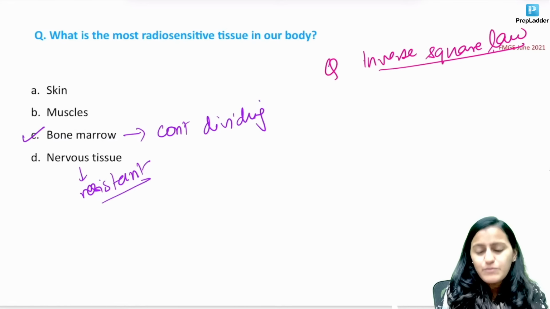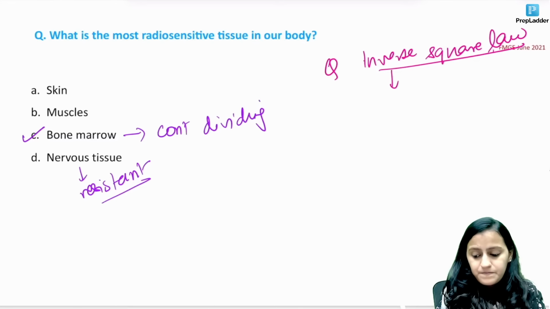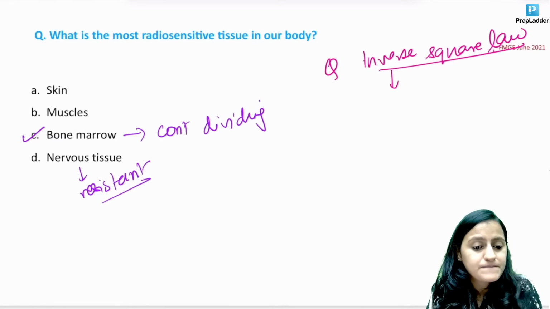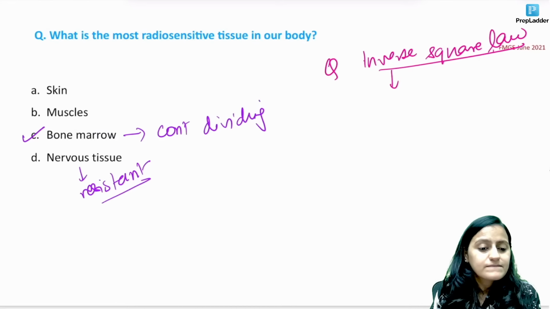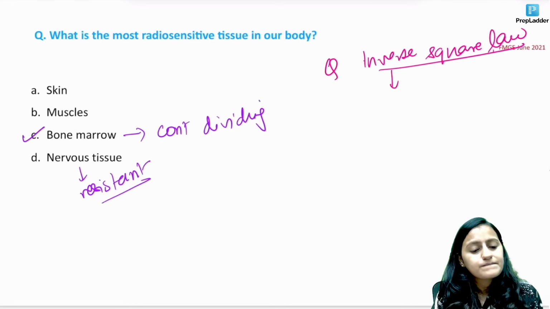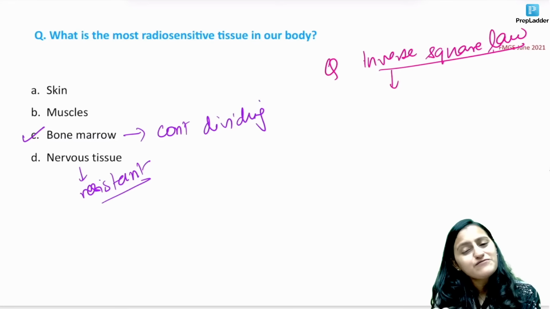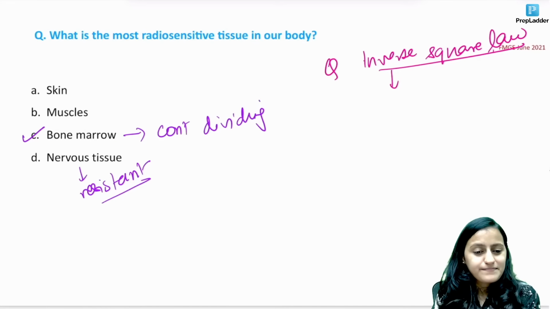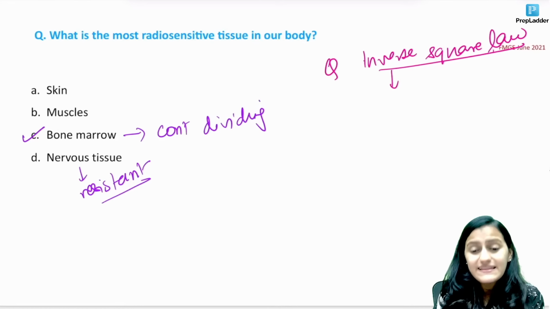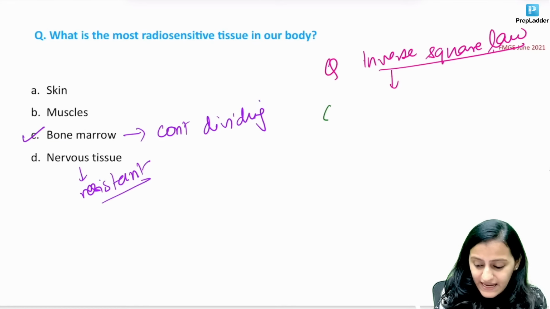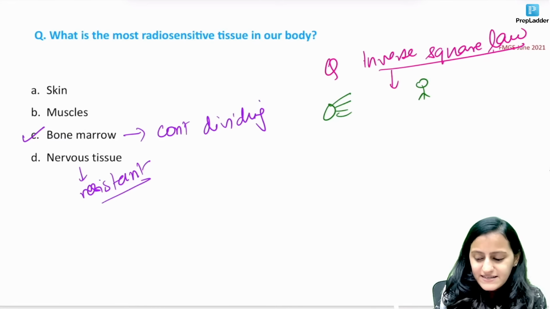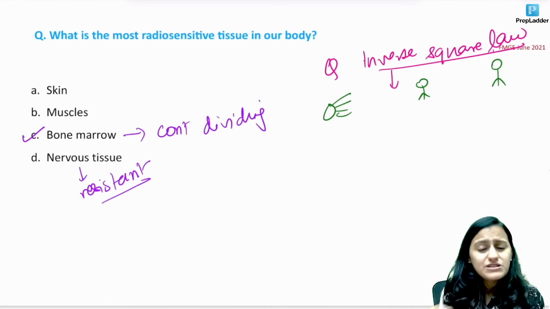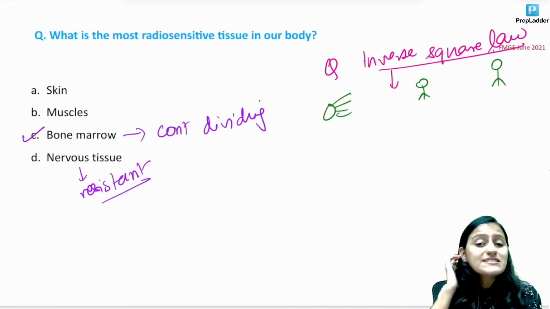Also remember there's something called inverse square law, a recently asked question. Can someone tell me what is inverse square law? That's the relation between the radiation source and the distance from that radiation source: how the radiation intensity changes with distance.